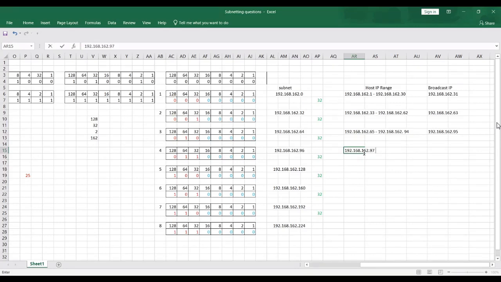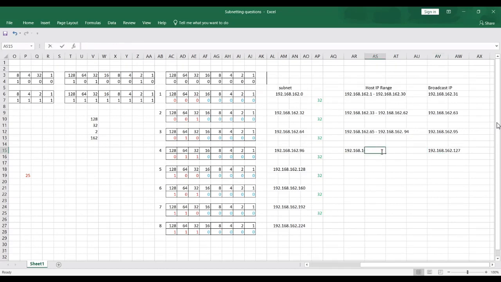192.168.162.97, and the last IP should be, so here the 128 is the next subnet IP address. So here you can write the broadcast address as 192.168.162.127, right? That is the broadcast address.